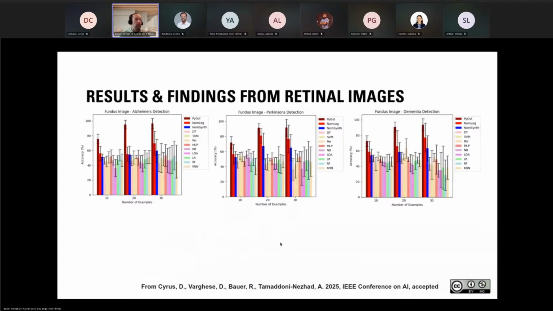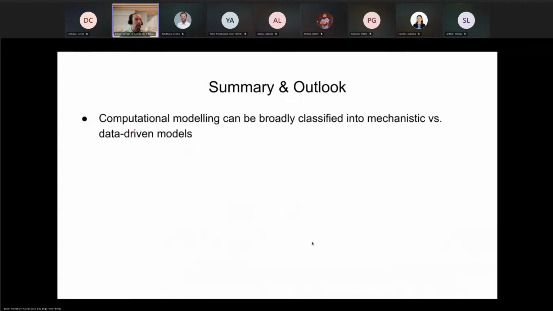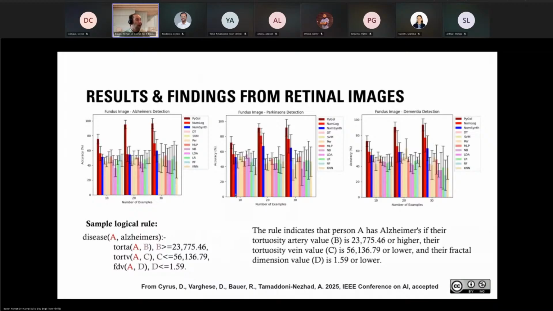And the nice thing is also that this method allows us to create a hypothesis. So we feed it data, we extract the features, and we train PyGol, and then it tells us certain types of hypotheses that seem to be true, and for which, of course, there's a lot of evidence that it is true.